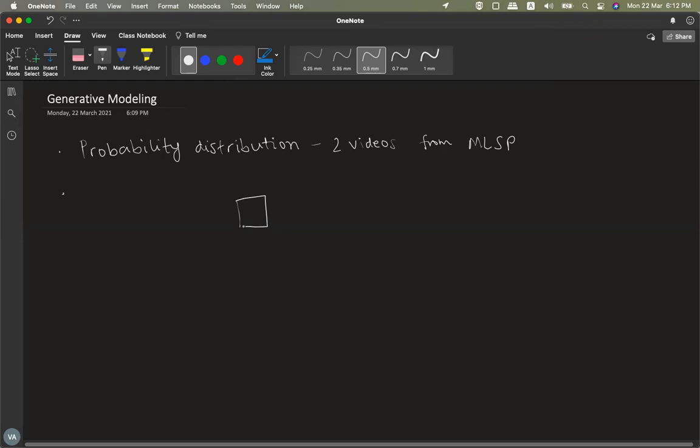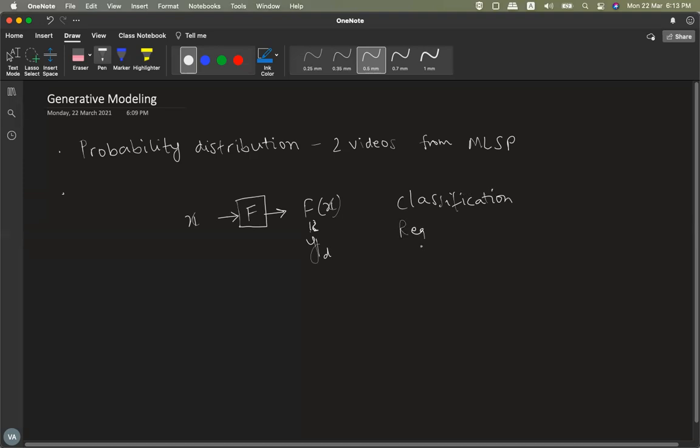So basically we have a model F. Given an X, you want to make F of X approximately equal to your Y desired, you want to make these almost equal, right? That was your classification or regression problem.